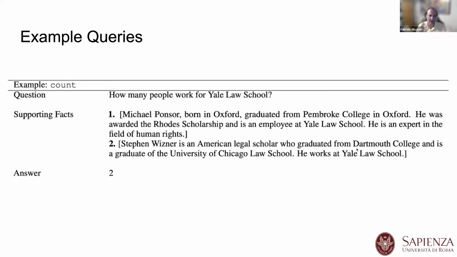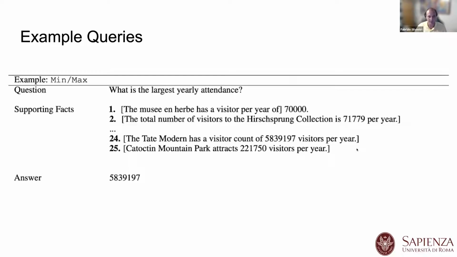You might have, as I was saying, more interesting cases such as count queries. So, how many people work for Yale Law School? And these are the two supporting facts. And given the number of supporting facts, the answer is 2. And you can actually answer min and max. So, what is the largest yearly attendance?